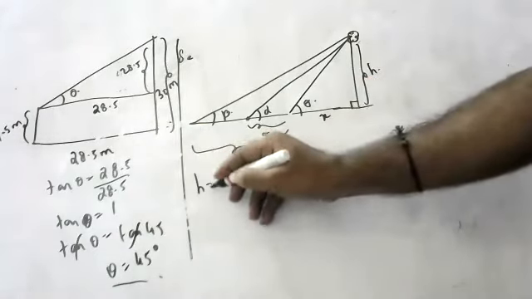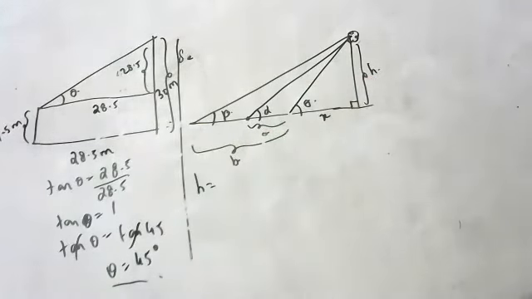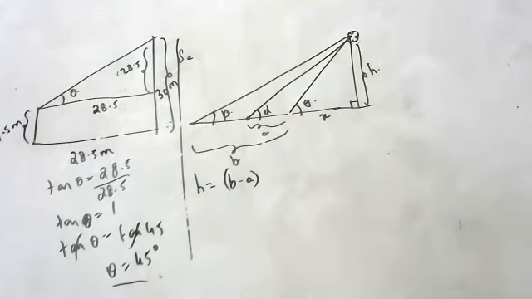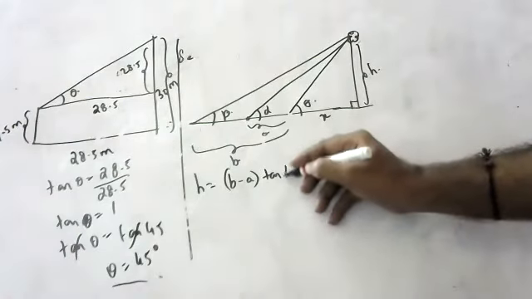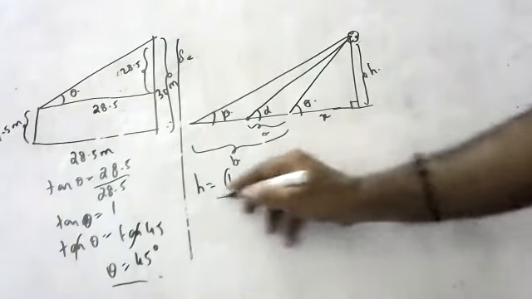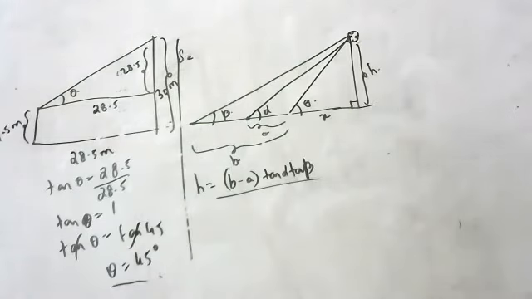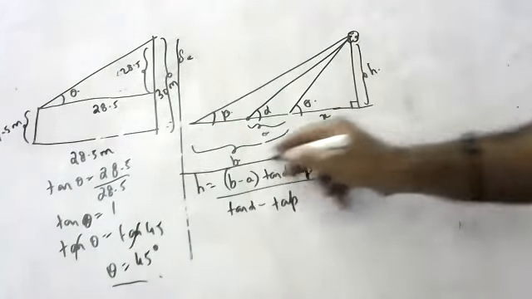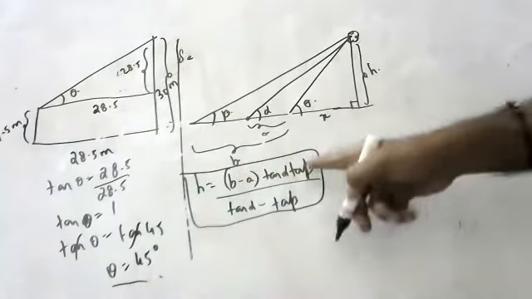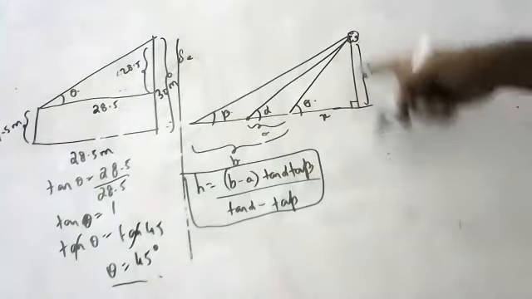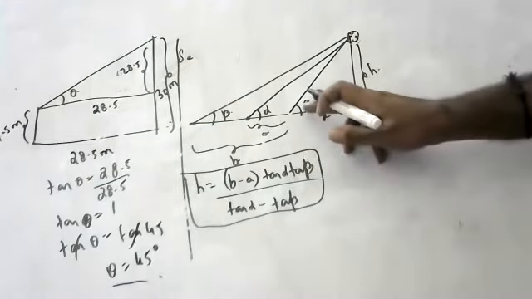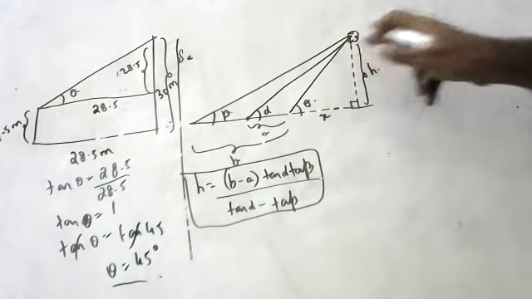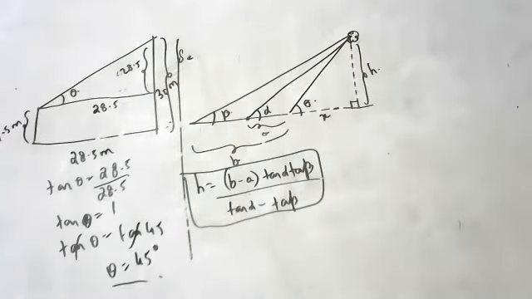He is asking us to prove H is equal to (B minus A) into tan alpha tan beta by (tan alpha minus tan beta). We have to prove that the height of the tree after bending from the ground is this much. Children, this is all imaginary, I have taken dots. Okay, this is the question.